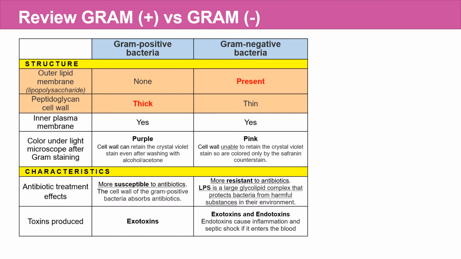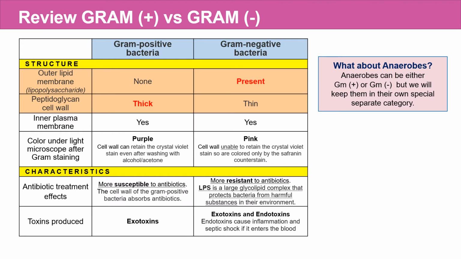Gram-negative bacteria, on the other hand, are more resistant to antibiotics because it does have that large glycolipid complex of the lipopolysaccharide that protects it from antibiotics and harmful substances. Gram-negative bacteria produce exotoxins as well as producing endotoxins, which are substances that can cause inflammation and sepsis if it enters the blood. So gram-negative bacteria are much more resistant to antibiotics and are more dangerous to the human body.